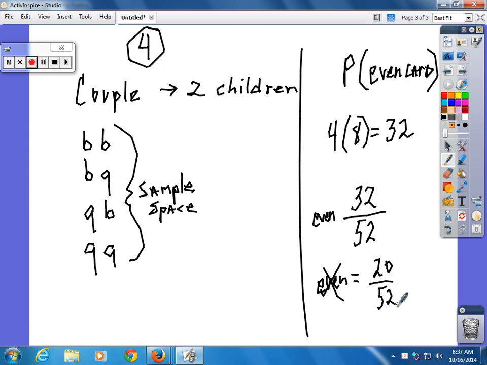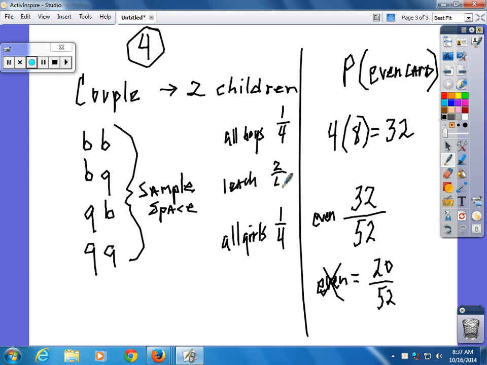So this is what we did: all boys would be 1 out of 4, all girls would be 1 out of 4, and then 1 of each would be the rest. So this is what we did in chapter 4. What chapter 5 says is, okay, we're going to bypass all this.